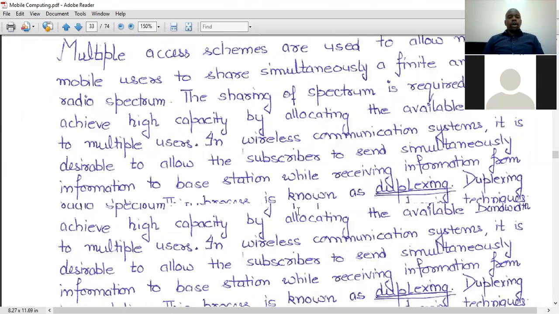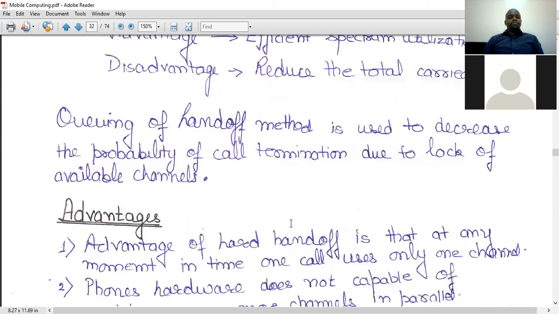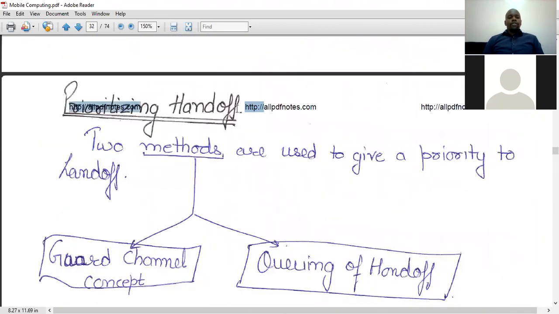I'm going to require you to read about prioritizing handoff. There are two methods that are used when a cell handoff is to be prioritized. Okay, how does a base station controller know that it is time to give a handoff? Apart from whether it is moving from one cell to another or there is interference, there are ways of prioritizing handoff, especially when there are different devices that require handoff at the same time.